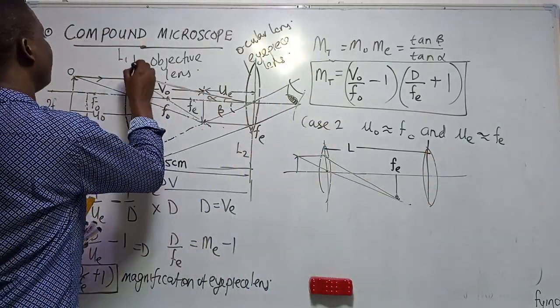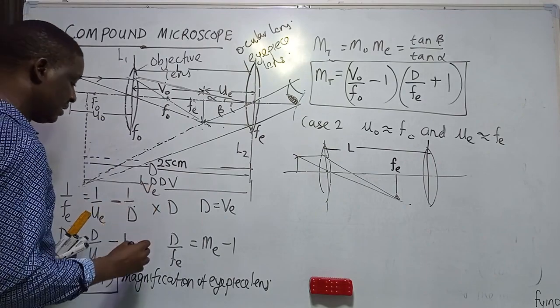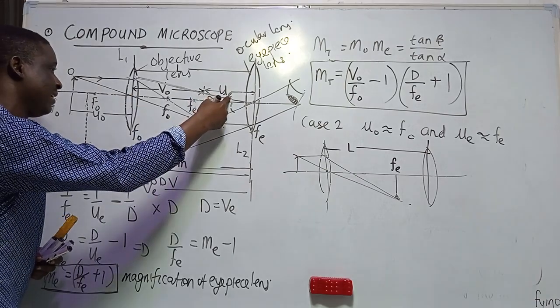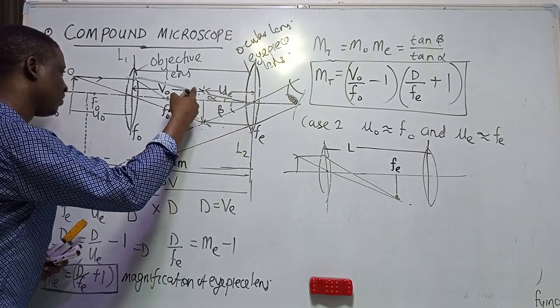Don't forget the length from here to this place is V naught plus UE, the image distance of the objective lens and the object distance of the eyepiece lens.